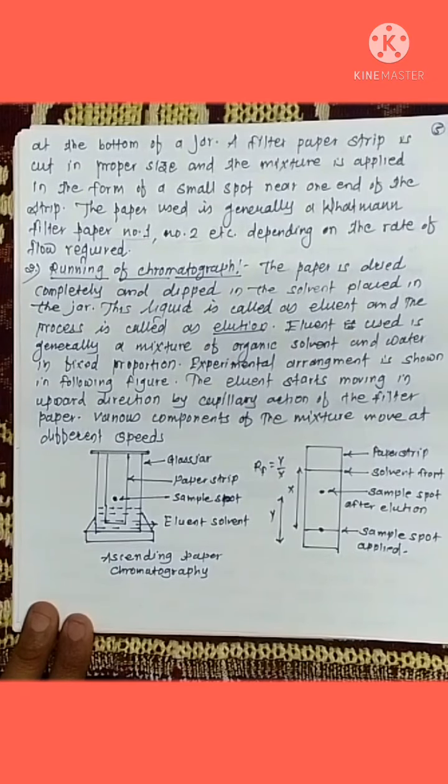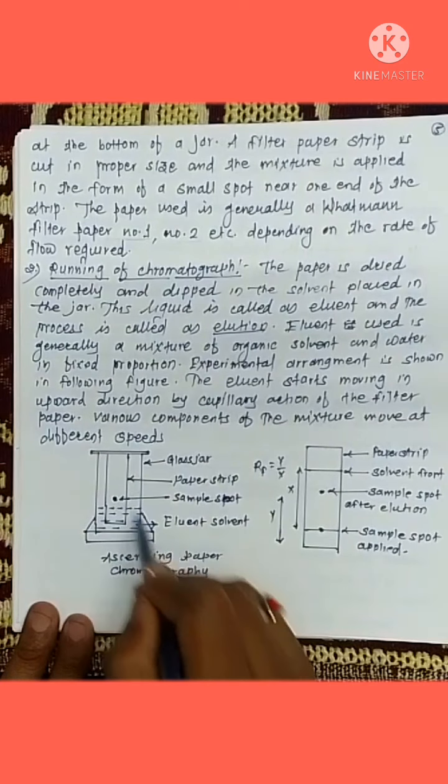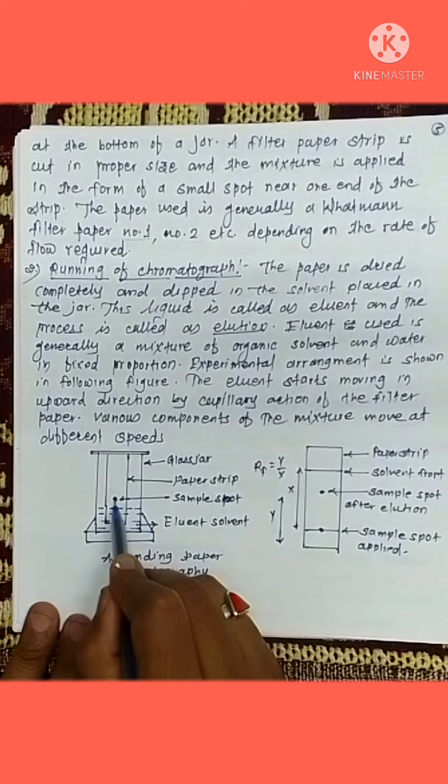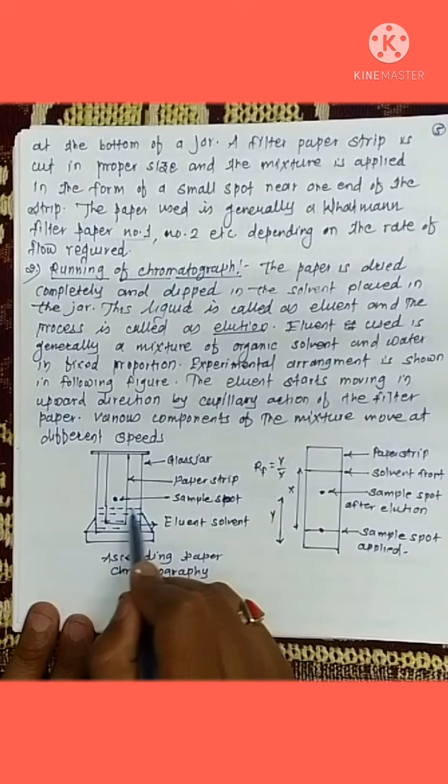Now, running of the chromatograph. Students should look at this diagram carefully. The spot of mixture is applied and this filter paper is dipped in your eluent. The spot should be above the solvent level.